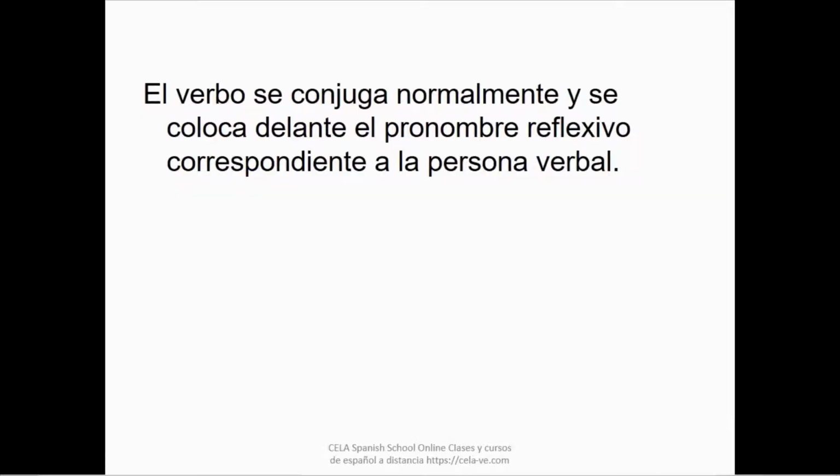The verb is conjugated normally and we place the pronoun corresponding to the verb person in front of the verb. The verb lavar ends in ar and is a verb of the first conjugation.